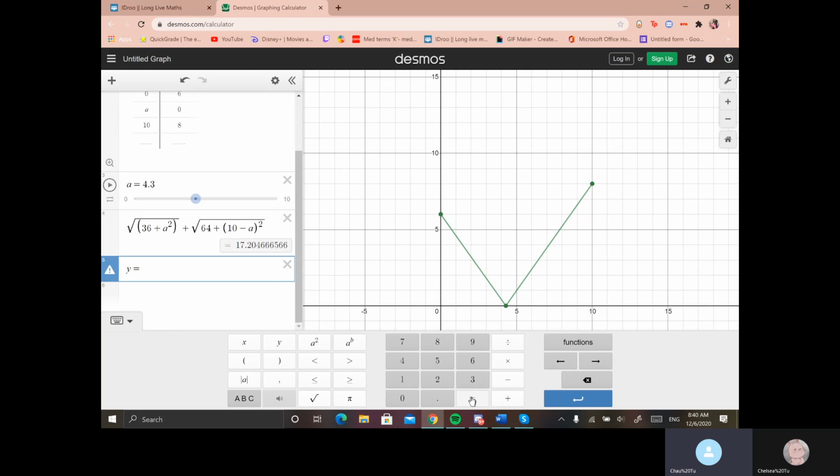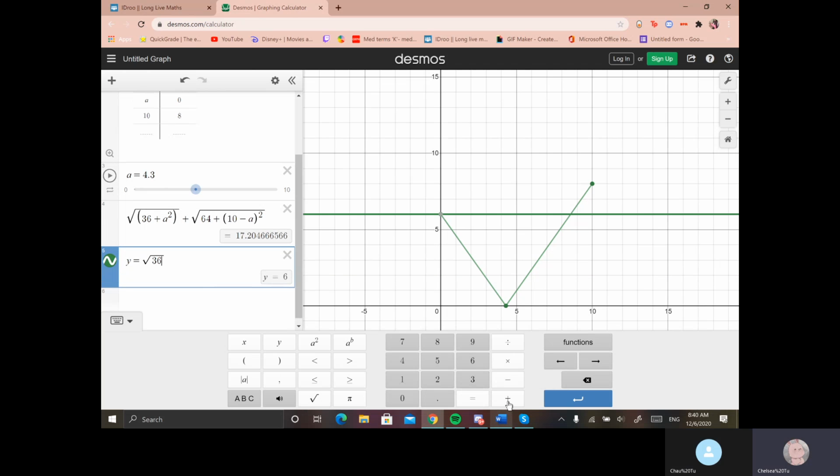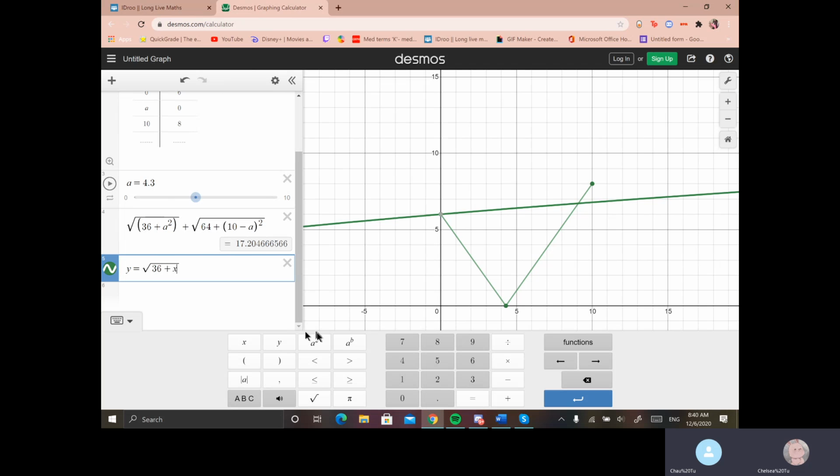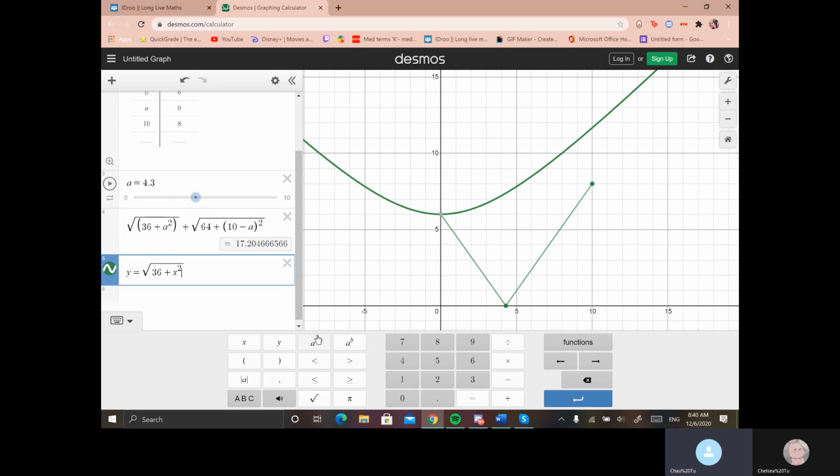You've got to imagine the y-axis represents the length of our rope. So now square root 36 plus x squared, and then get out of that square root, and then plus square root 64 plus bracket 10 minus x close bracket squared.